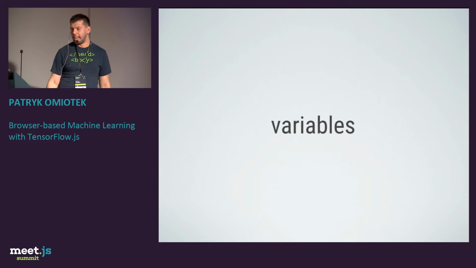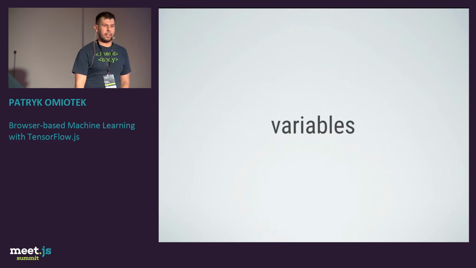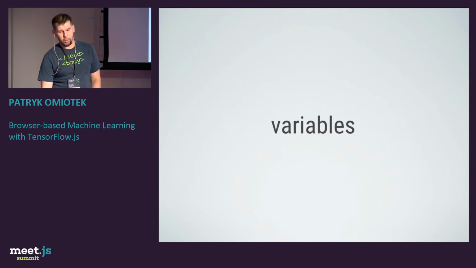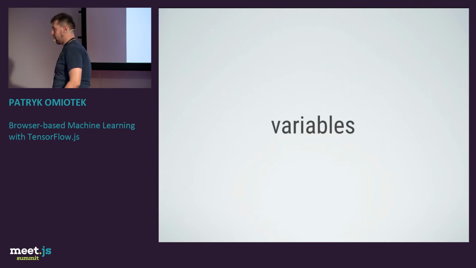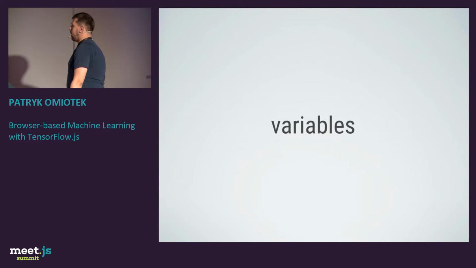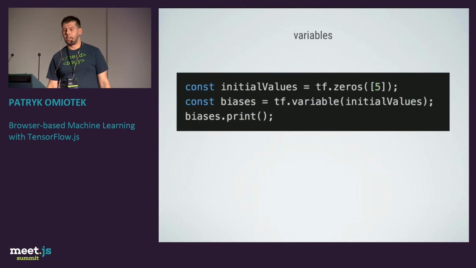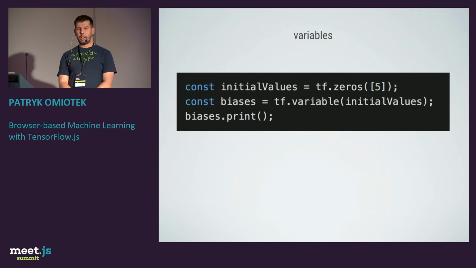Awesome, right? Variables, because tensors are immutable. We cannot change values of the tensor, so they decided to create variables, and using variables you can change values. What is so important? Because in the learning process you need to change values in each iteration, for example, your coefficient or your data.